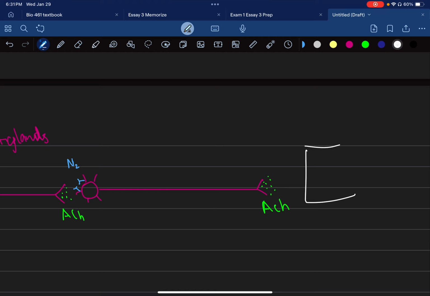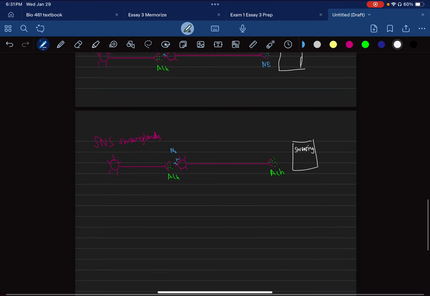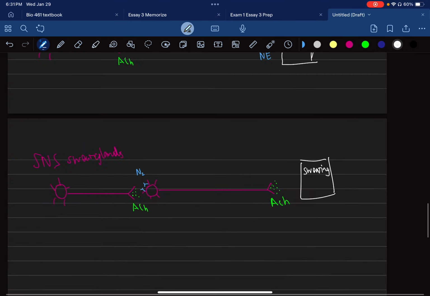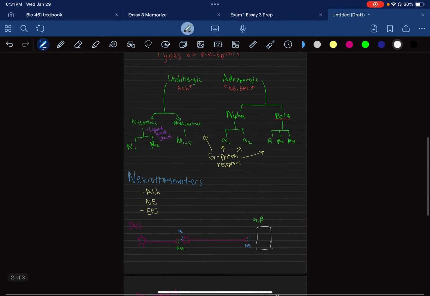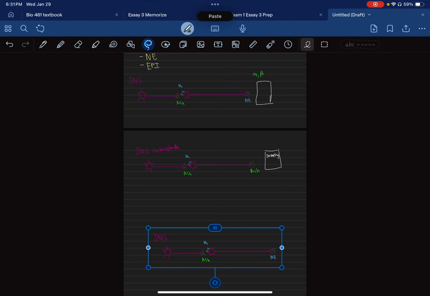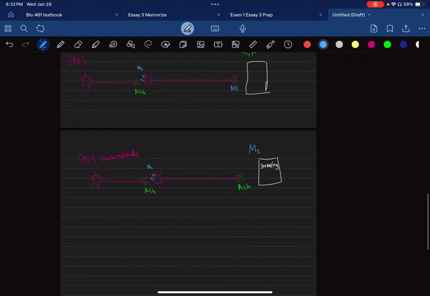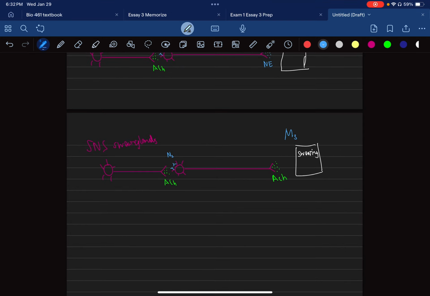And that is what's going to cause sweating. And since it's ACH, acetylcholine, that's going to be a cholinergic receptor. In this case, it would be M3 is the receptor. So yeah, based on the neurotransmitter, we can predict what receptor will be best.